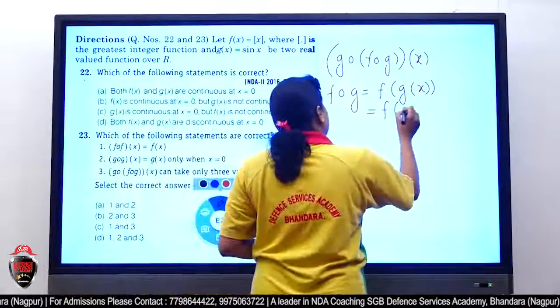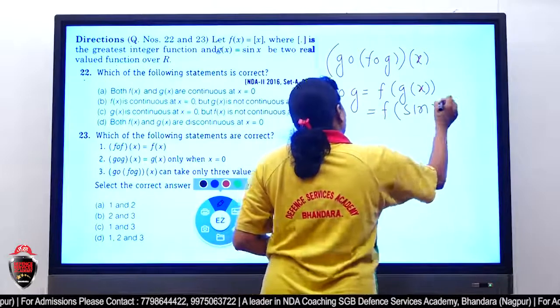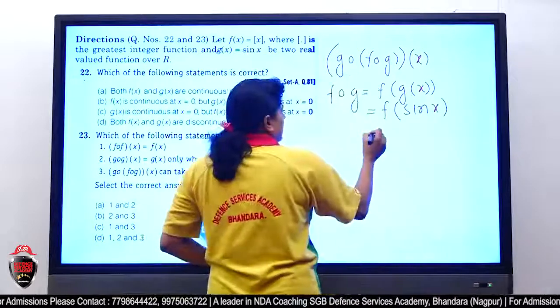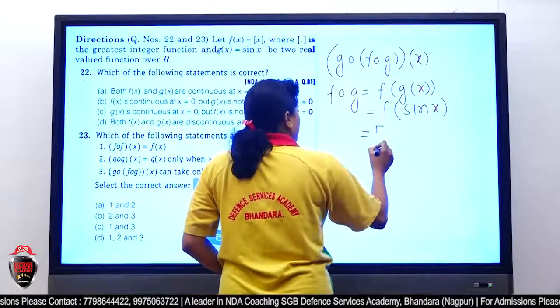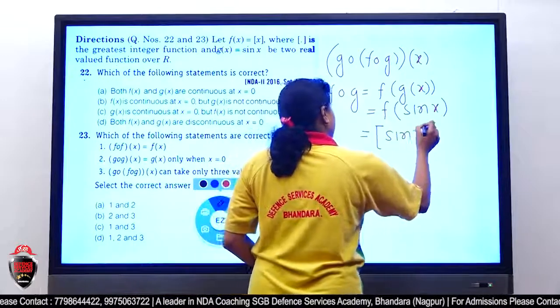So G of X has value sin X. Now F of X has value this, so this have the value sin X.